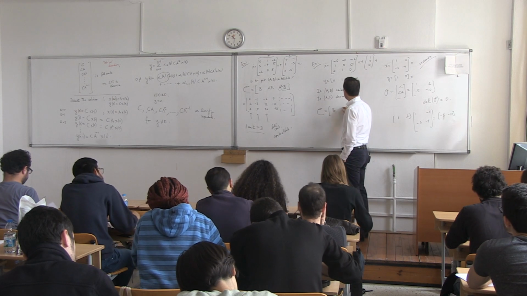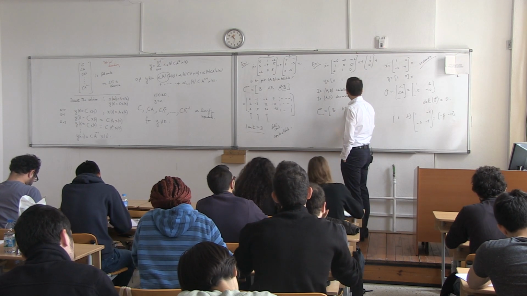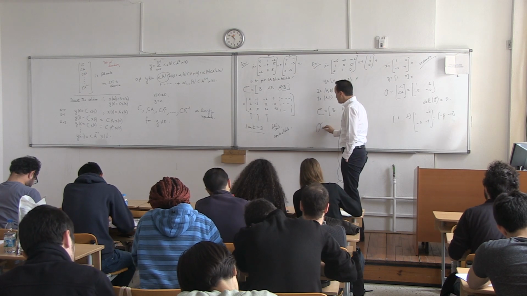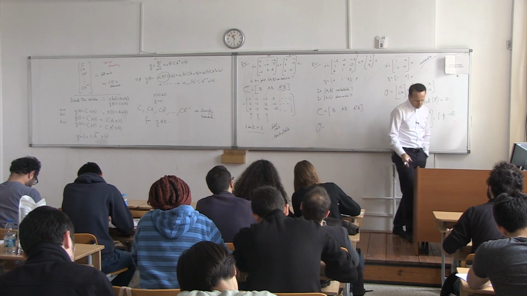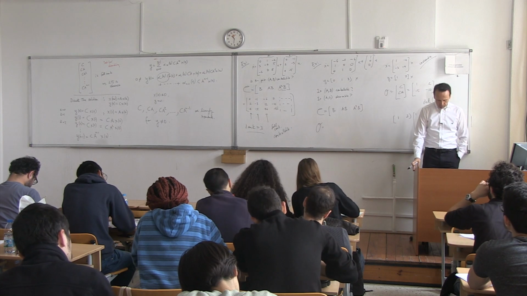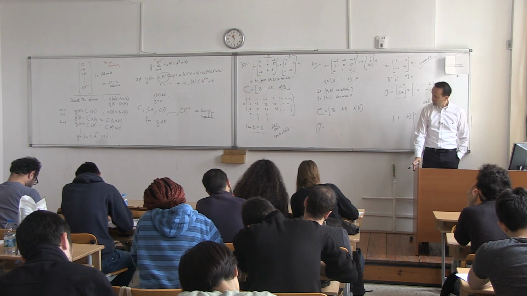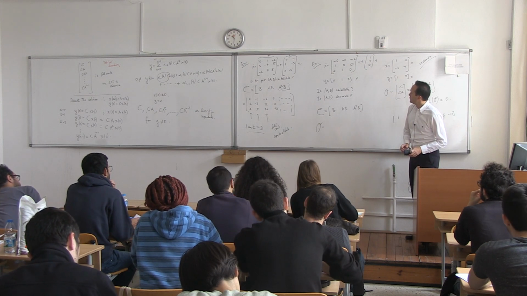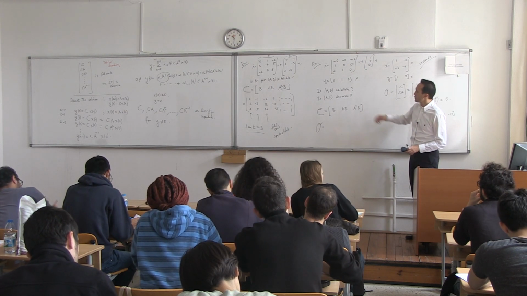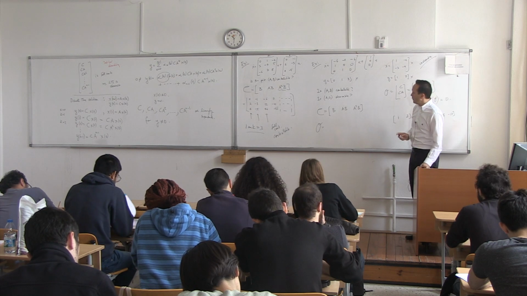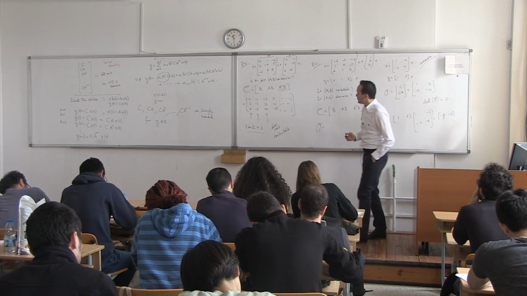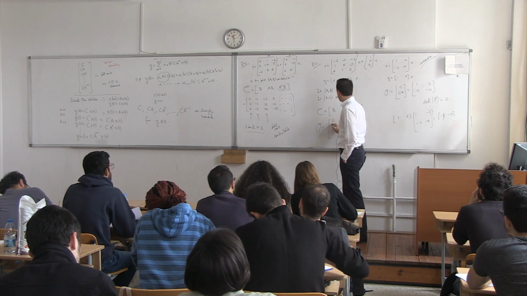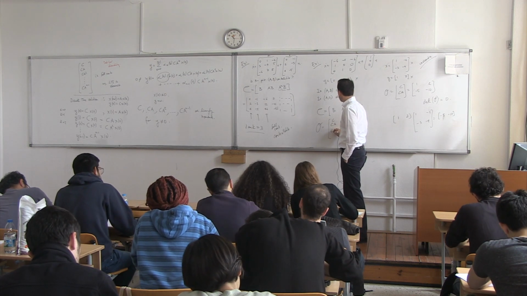It would be B, AB, A square B. This one? No, it's a controllability. And here we would be looking at C, CA, and CA squared.